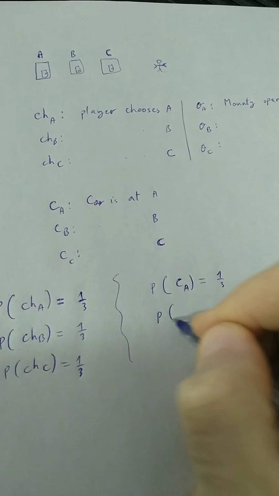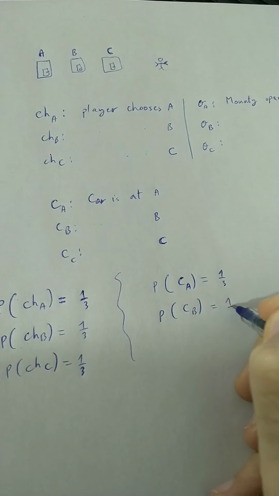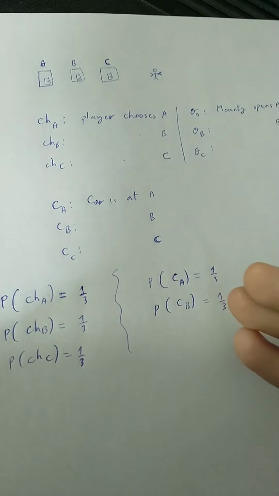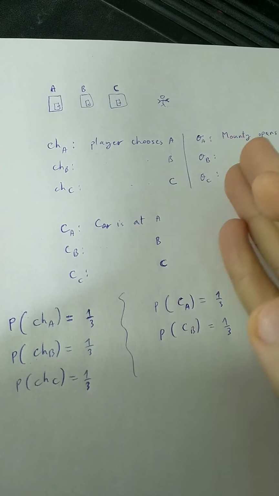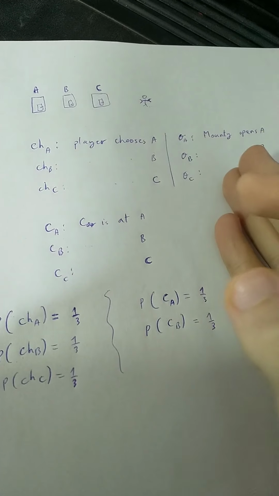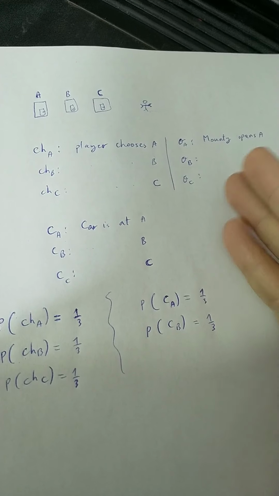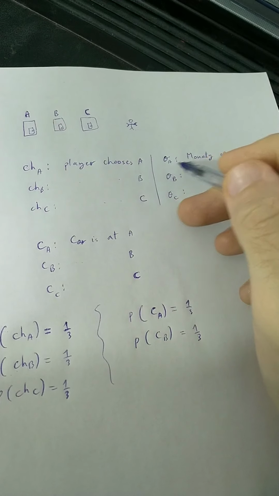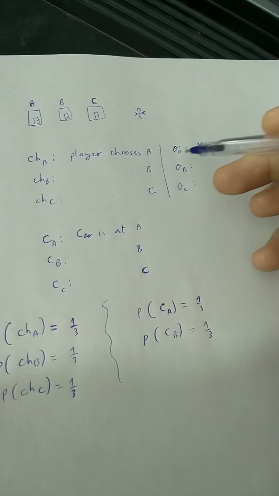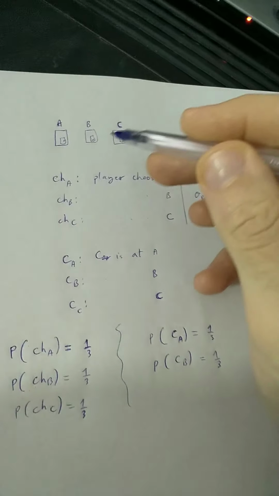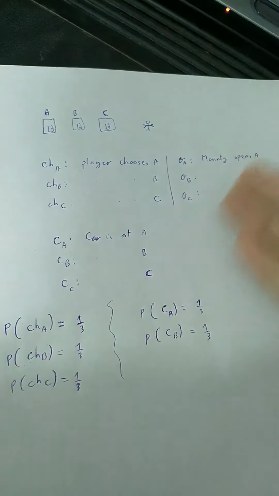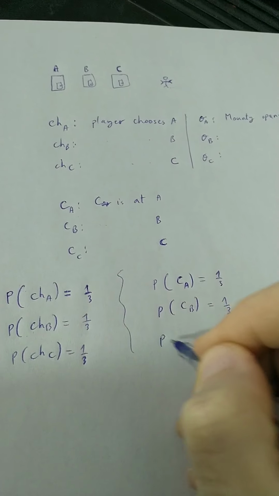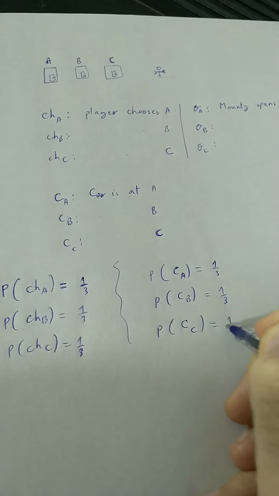So the probability that the car is at B is 1/3. The car being at A has nothing to do with what you know or what Monty knows. What Monty knows is very interesting, by the way, because it determines which door he would open, based on what you already chose. So we have these three events. The probability that the car is at C is again 1/3.